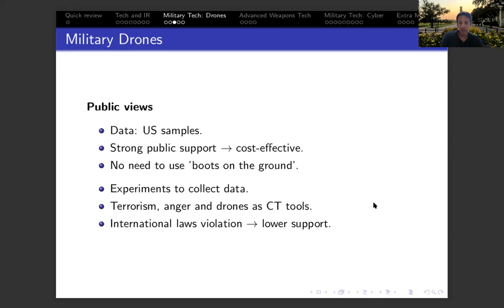However, and that comes back to the disadvantages of drones, when international law compliance entered this equation, whether we should use drones, yes or no, then there's a lot more variation. Studies that accounted also for international laws have shown that when the attacks are described as actions that violate international laws, then the extent of support from the public for the use of those tools is lower.